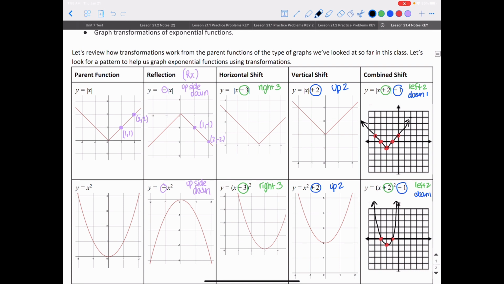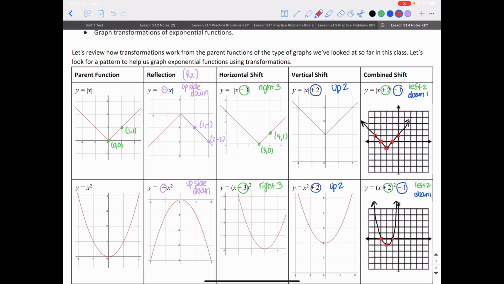So if I start with (0, 0) and (1, 1) on my original graph, my parent function, on the horizontal shift graph, the changed points are (3, 0) and (4, 1).